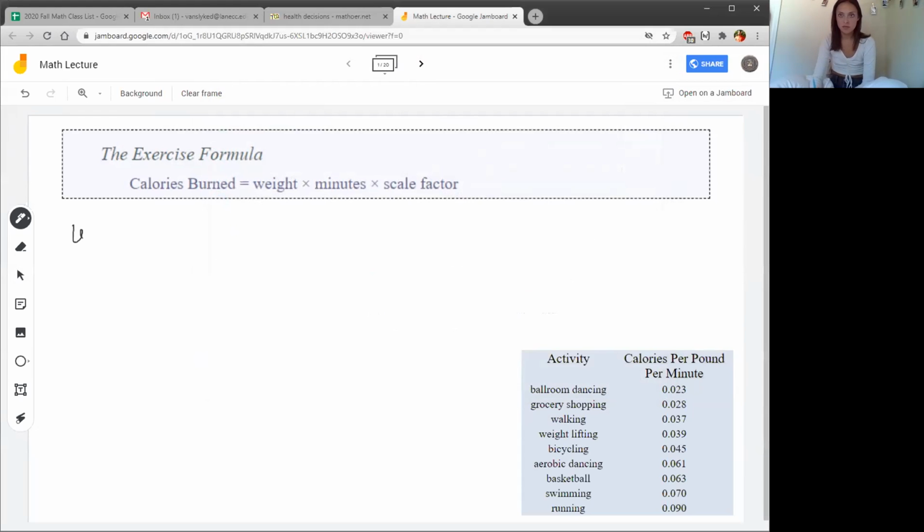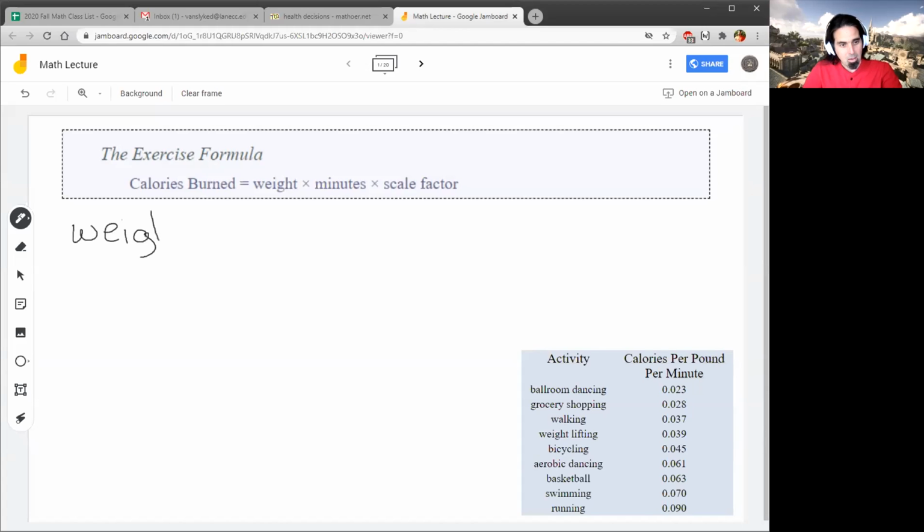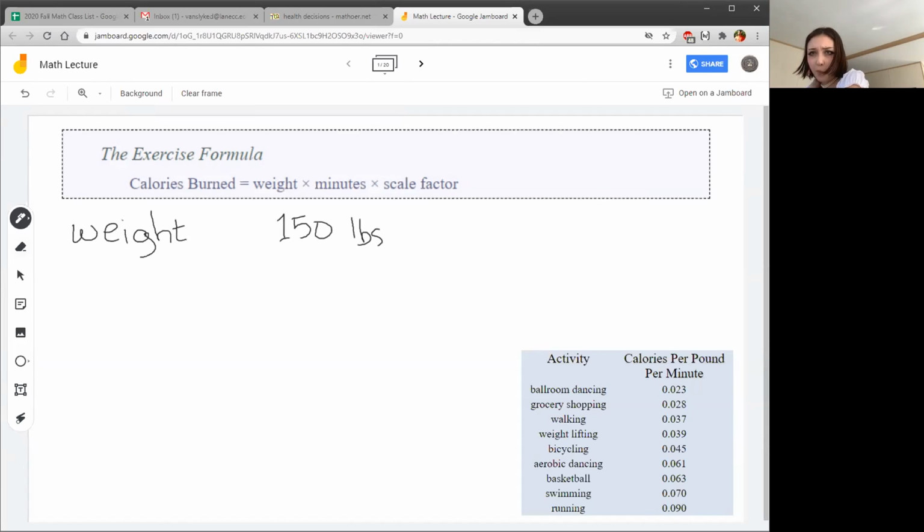Someone pick a weight. How much does our pretend person weigh? 150 pounds. 150. Oh, okay. Maybe your mic isn't working. I'm not sure.